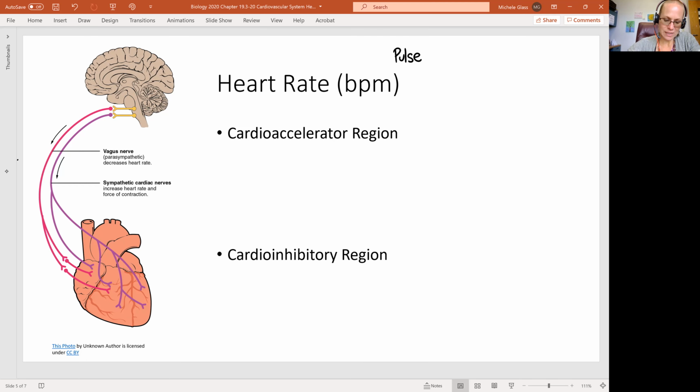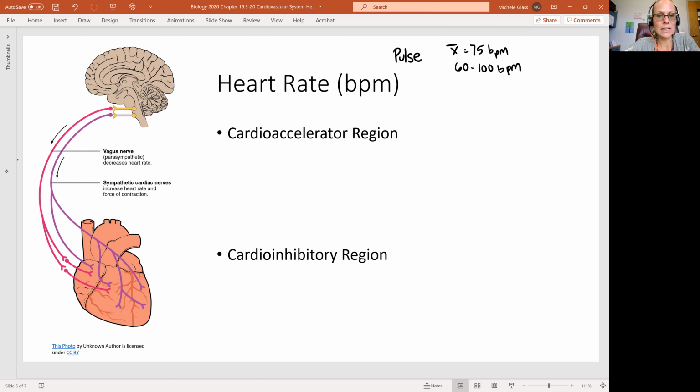What we'll see is that our average heart rate for an adult is about 75 beats per minute, but this can, of course, range. So we do see a healthy range of 60 to 100 beats per minute.